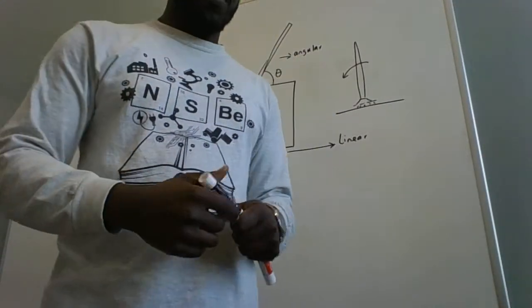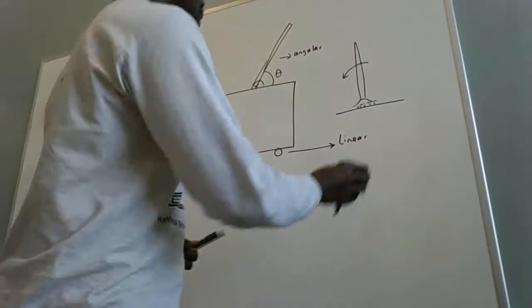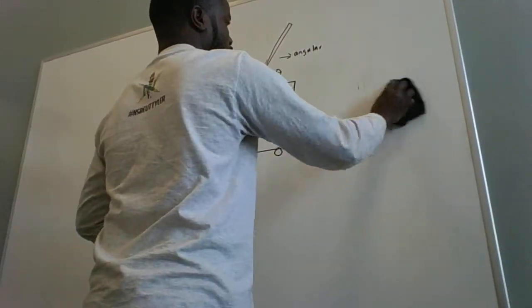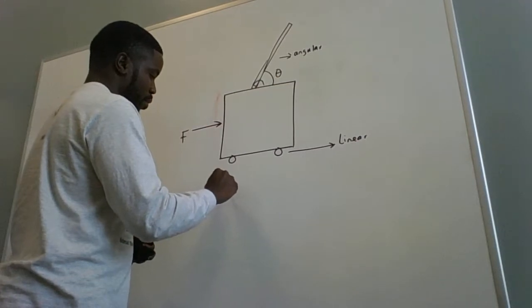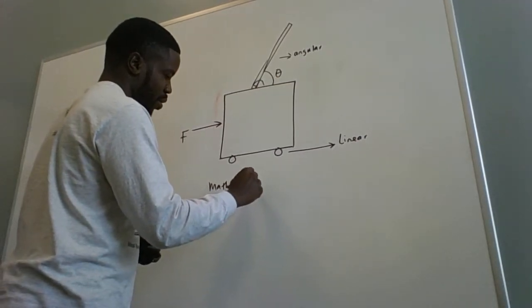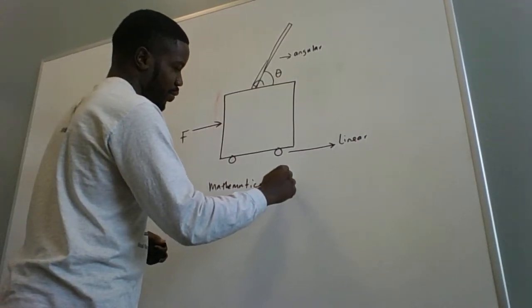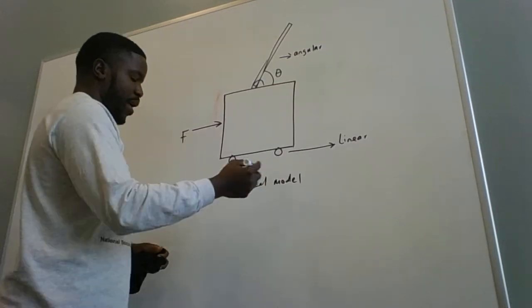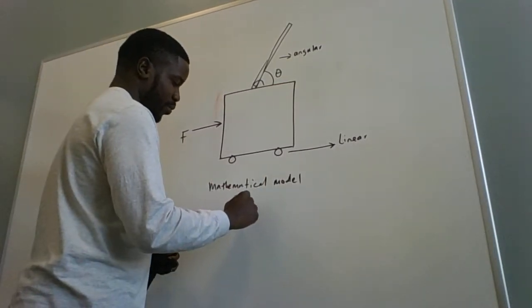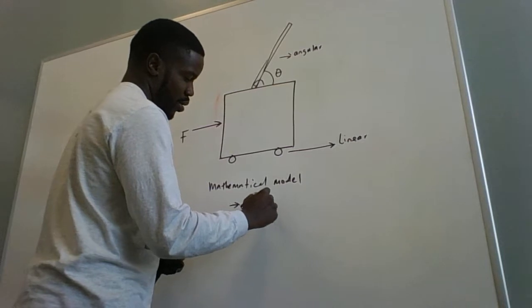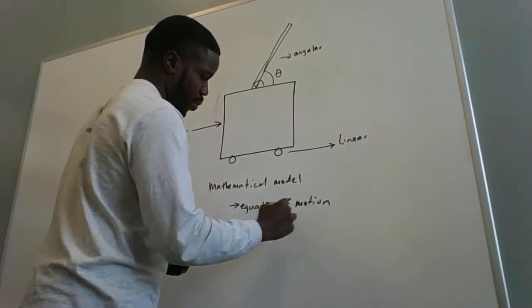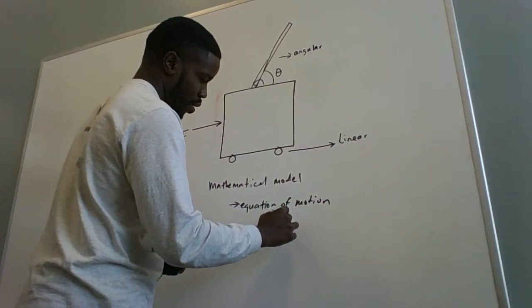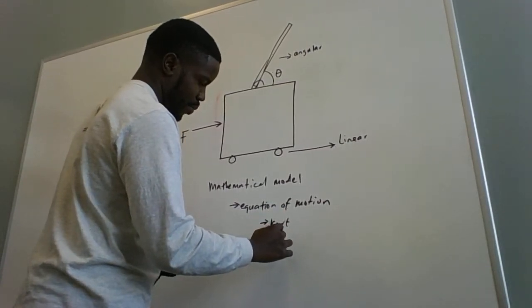In this project, we're going to take this system and establish a mathematical model of the system, and by this we can establish the equation of motion, and this will be for both the cart and the pendulum.